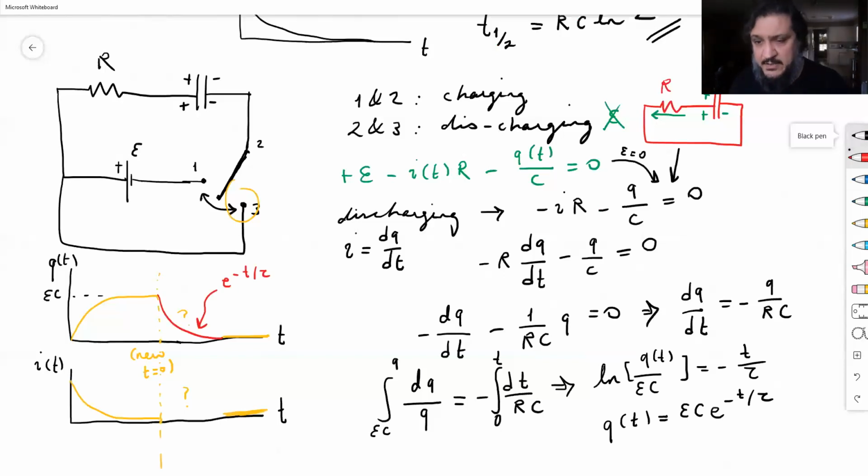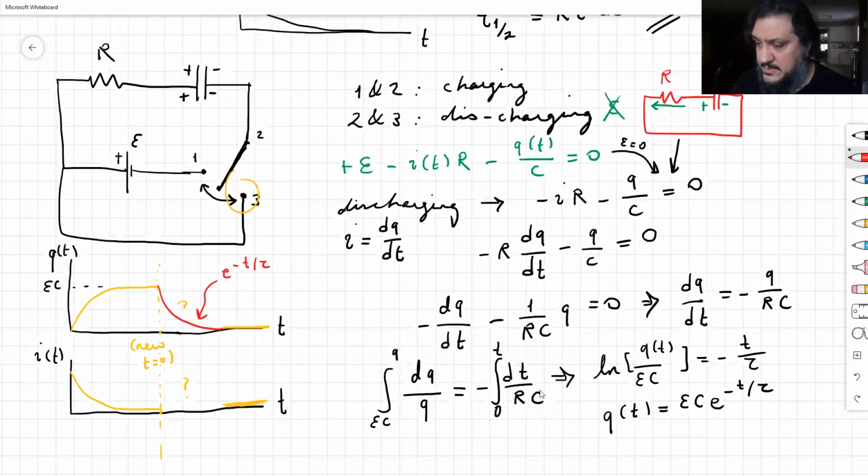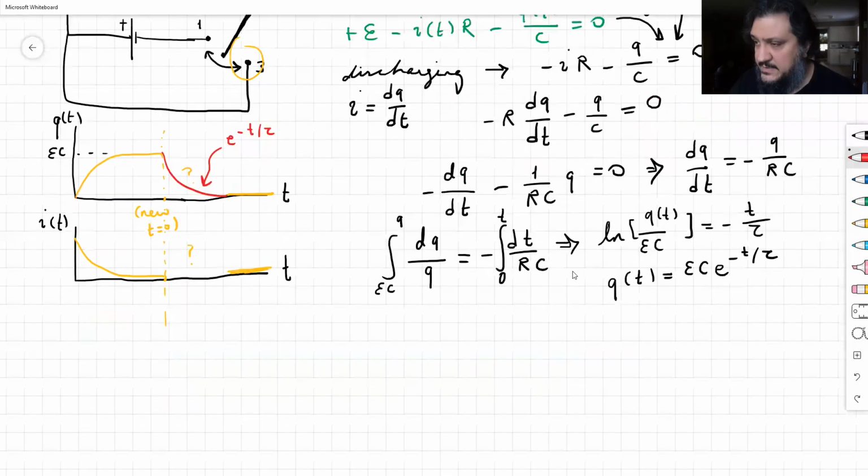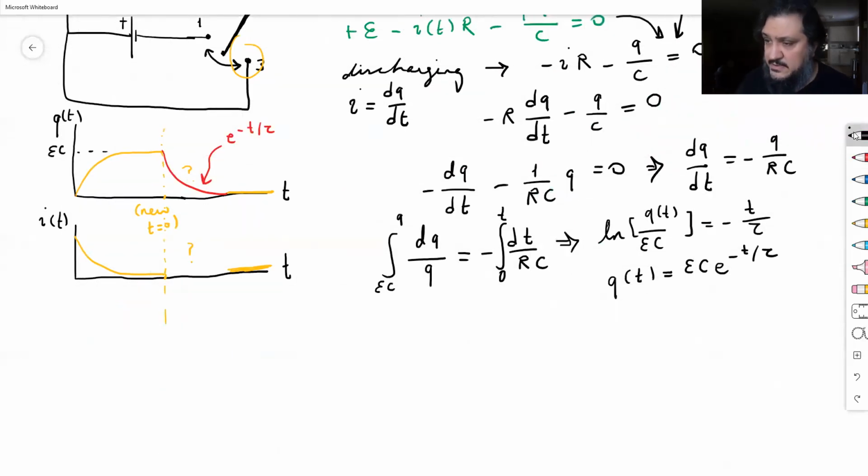Okay. Now what about the current? Let's make room for current. What do I do? I take the derivative. That's all I do. So the current is then the time derivative of the charge.